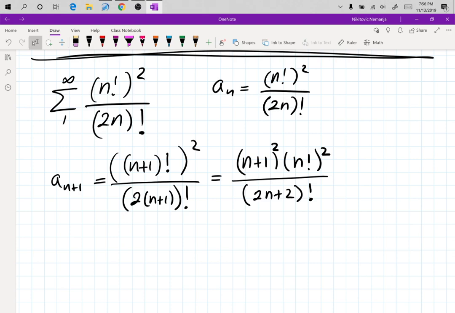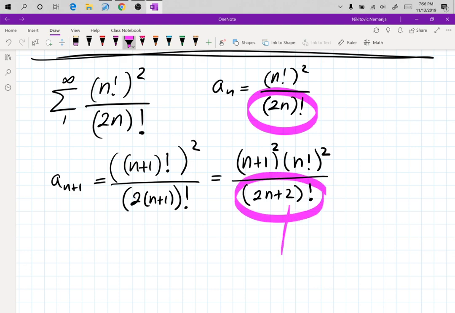So now I see that the difference between the old denominator and new denominator are the two terms here, that I need to get rid of.